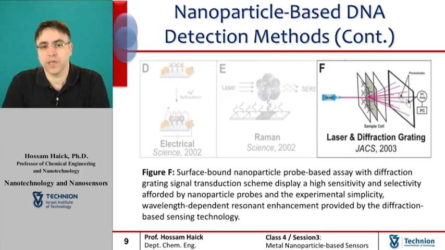Another way is to monitor the diffraction of a laser beam when the laser beam is directed towards the nanoparticles that are attached to the surface, as also demonstrated in the schematics on the slide.